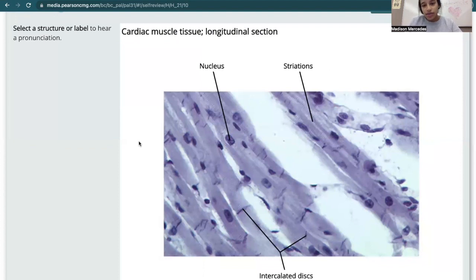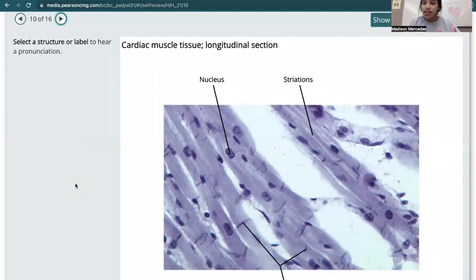This is a more in-depth example of the nucleus, the striations, and the intercalated discs. Again, it's semi-striated. That's how you can differentiate the muscle cells, because you know that semi-striations are located in the heart.